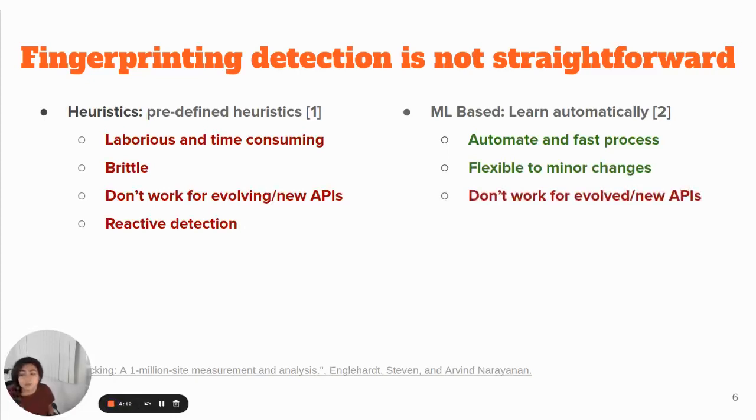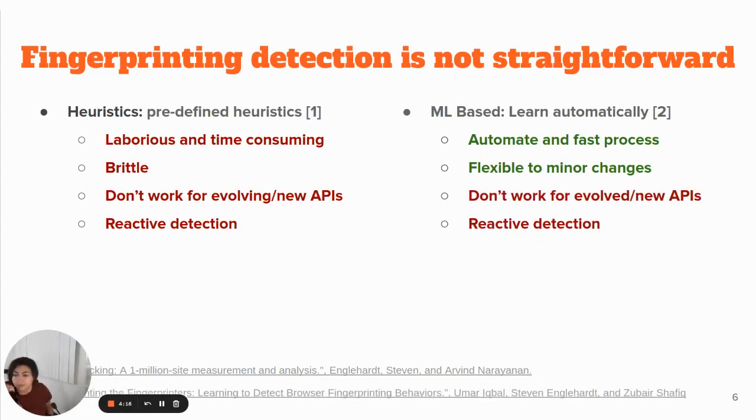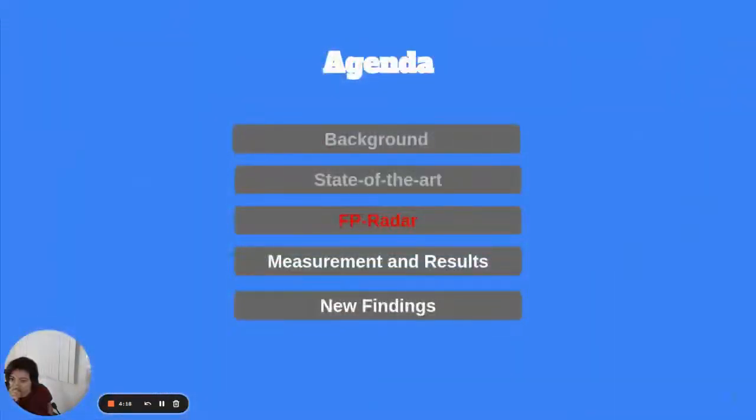However, similar to heuristics, they're not designed to detect new or evolved APIs. In summary, existing detection mechanisms are not designed to detect new fingerprinting techniques. We need approaches to detect the abuse of JavaScript APIs for fingerprinting in the future. To bridge this gap, we propose FPRadar.